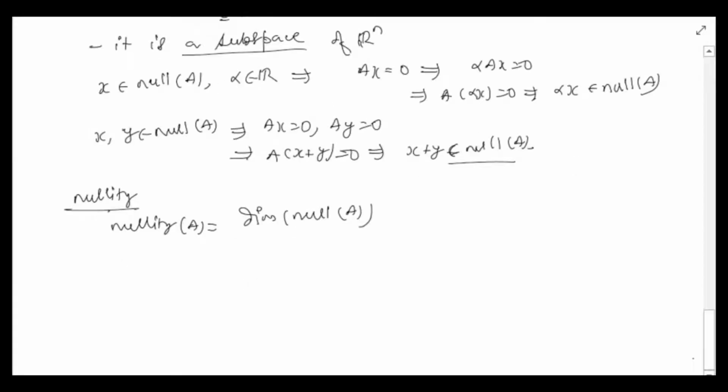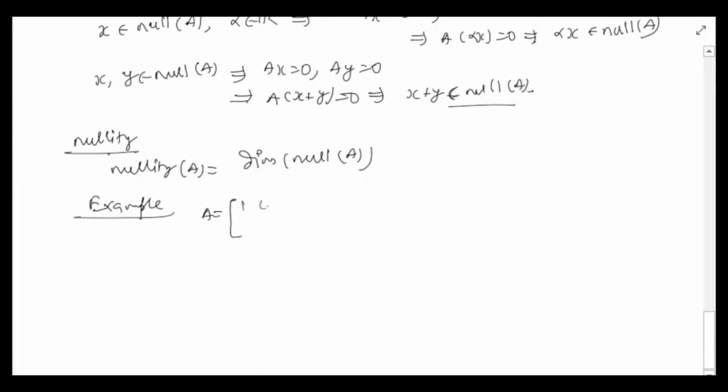Okay, let's see an example. Again, let's consider A with rows 1 0 3 and 0 0 1.